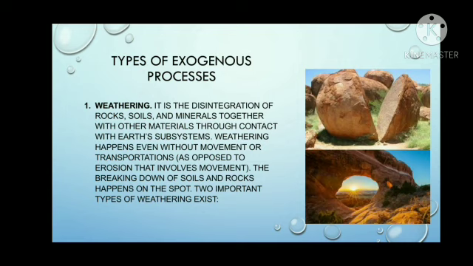Two important types of weathering exist. In addition, weathering describes the breaking down or dissolving of rocks. That means disintegration, and of the minerals on the surface of the earth. Water, ice, acids, salts, plants, animals, and changes in temperature are all agents of weathering.